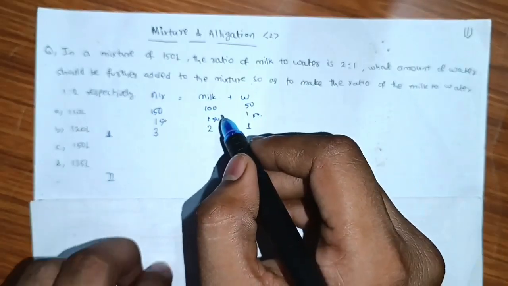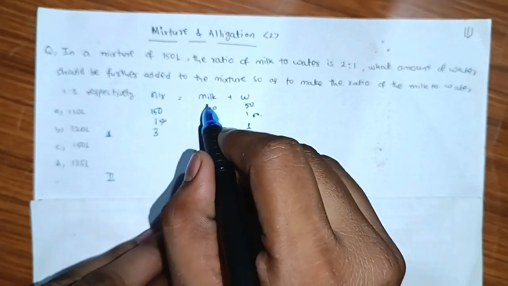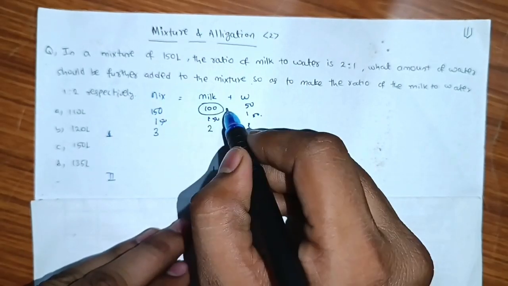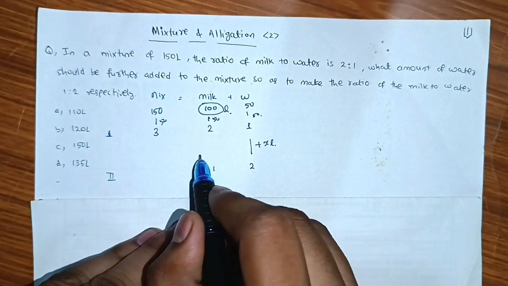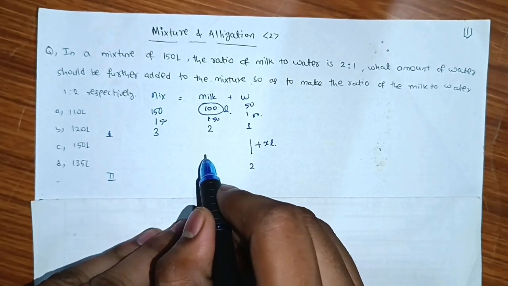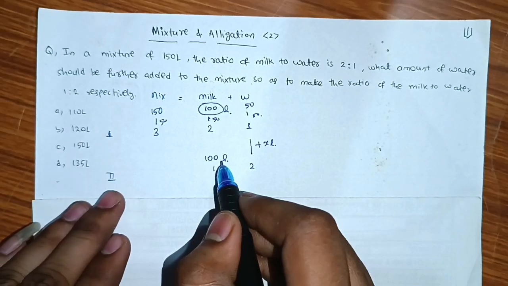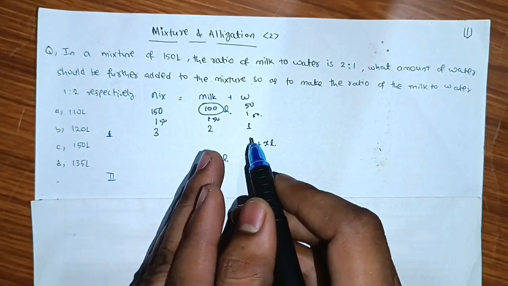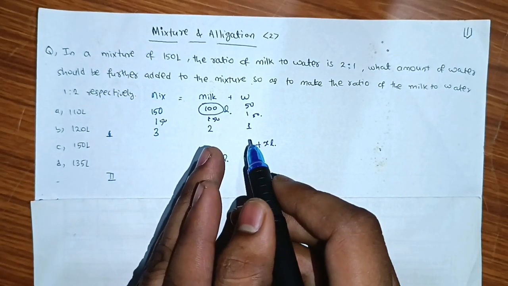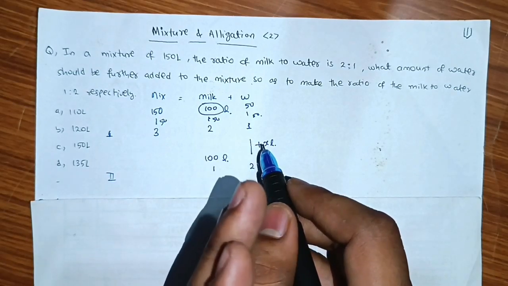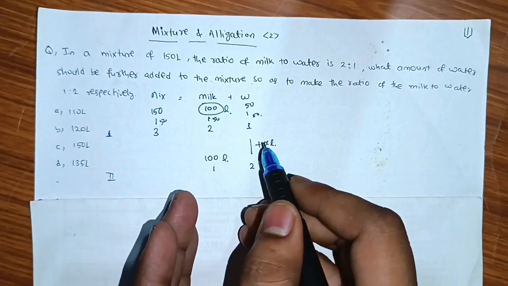So on observing both the conditions, the milk quantity is fixed, which is 100 liters. So here the ratio 1, which is 100 liters, is fixed in the first and the second condition, because we are going to add only water in the first condition to make the second condition.